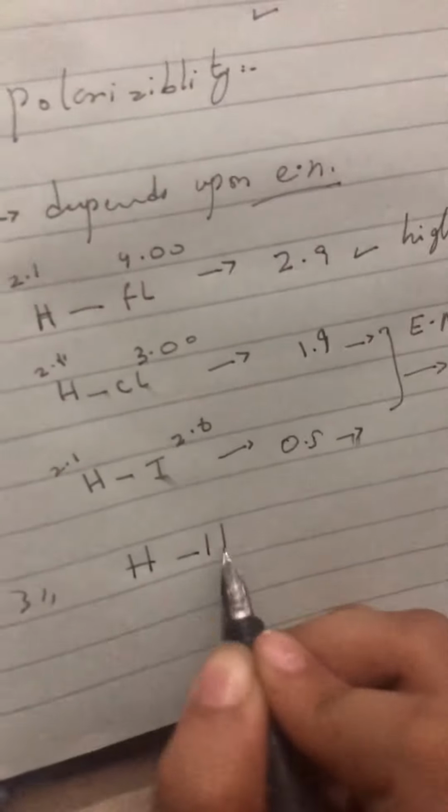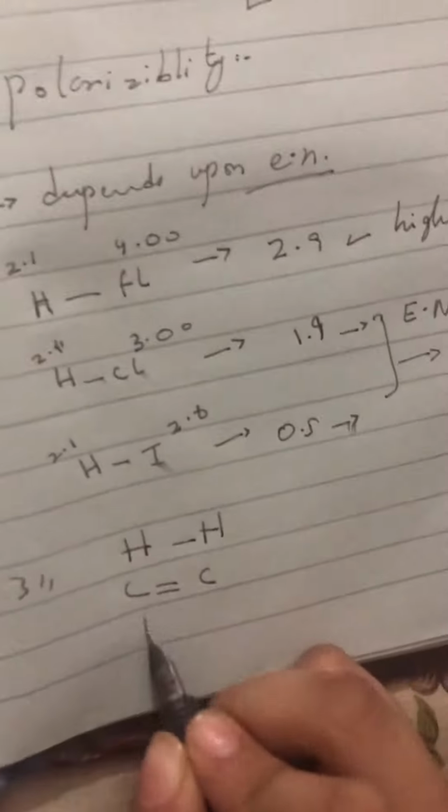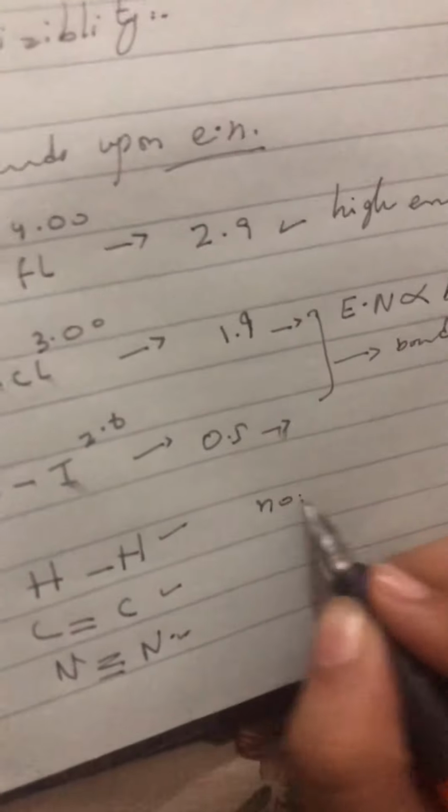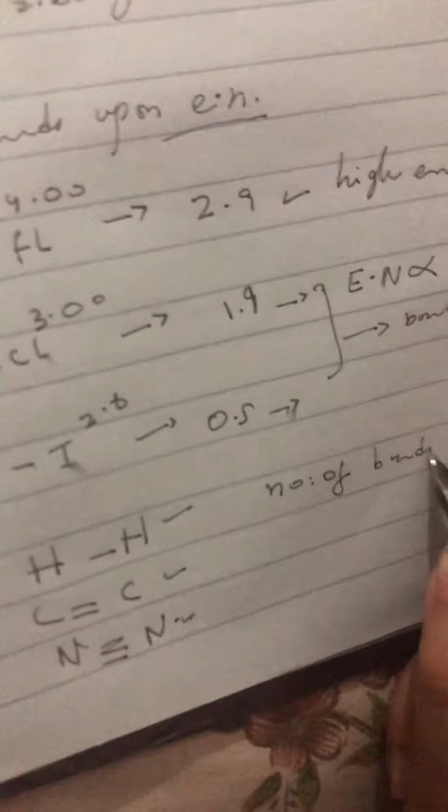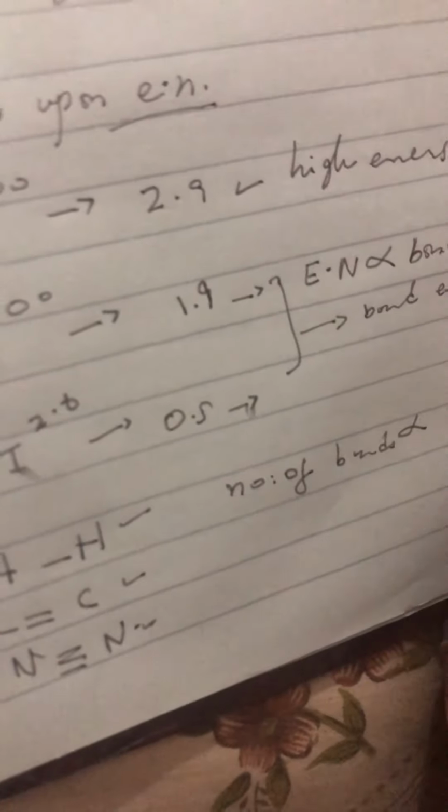And number three factor is the multiplication of the bond of one mole. For example, H and H, and C and nitrogen, right? Now here you can see these have one bond, two bonds, and three bonds. So the number of bonds is directly proportional to the bond energy.